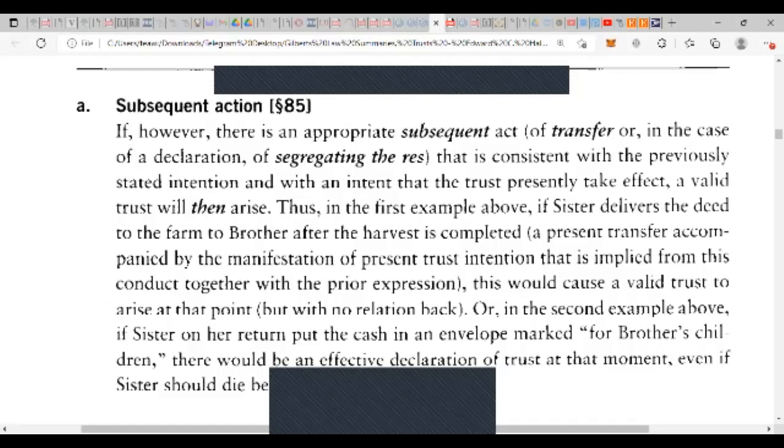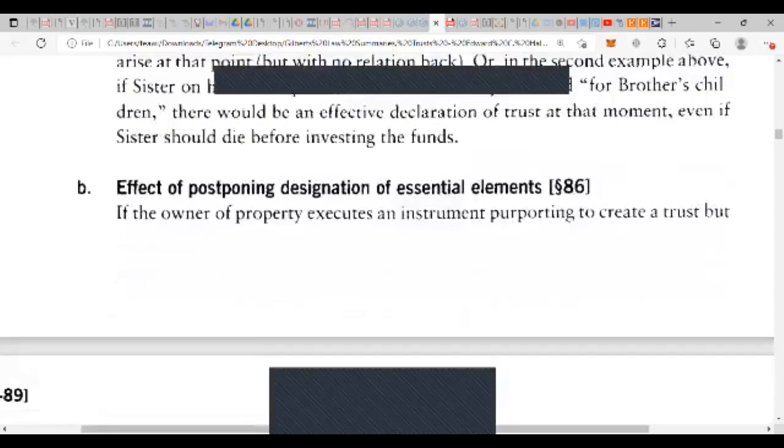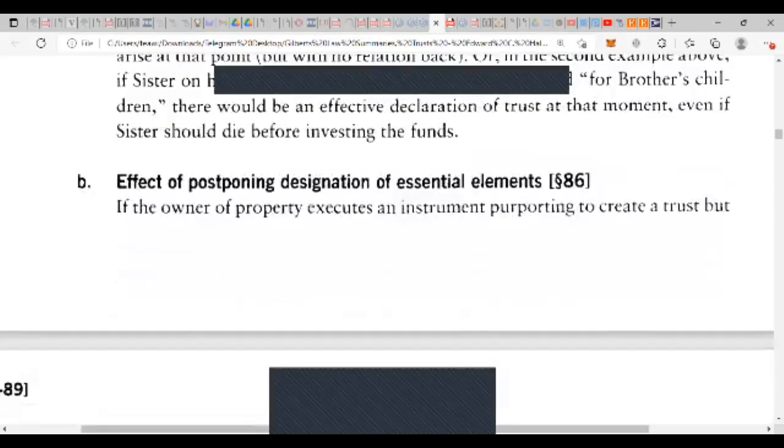Or in the second example above, if sister on her return put the cash in an envelope marked for brother's children, there would be an effective declaration of trust at that moment, even if sister should die before investing the funds. Effective postponing designation of essential elements, Section 86.